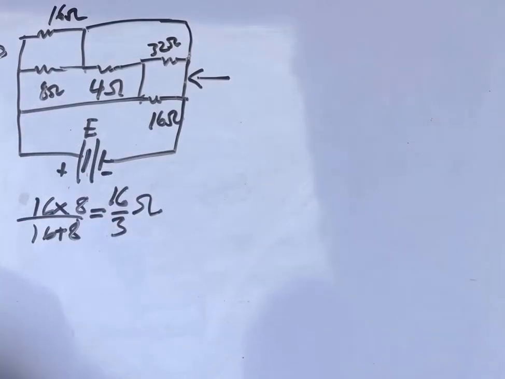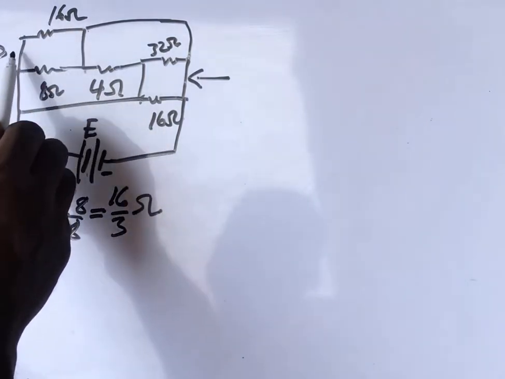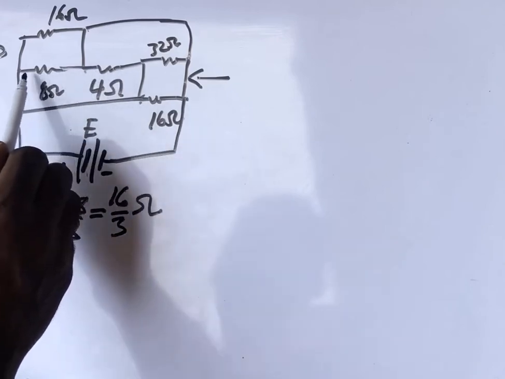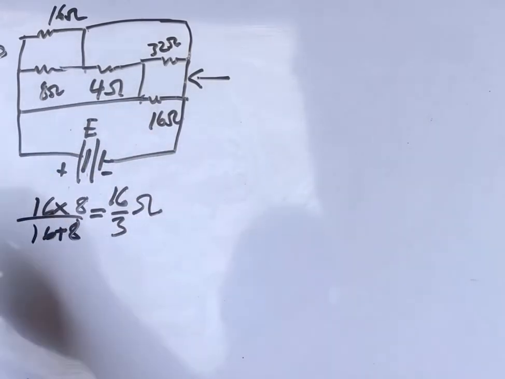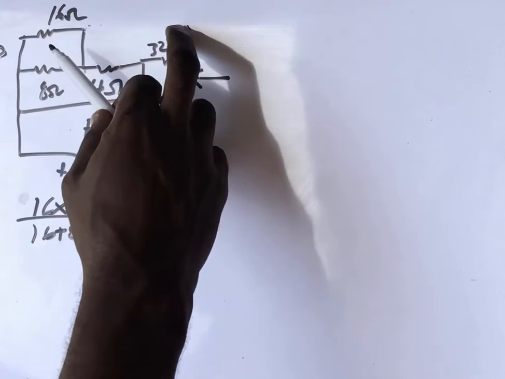Now we could realize that this has been reduced to this form. We can simplify by identifying that this is not an important part of the circuit, it's a short circuit.